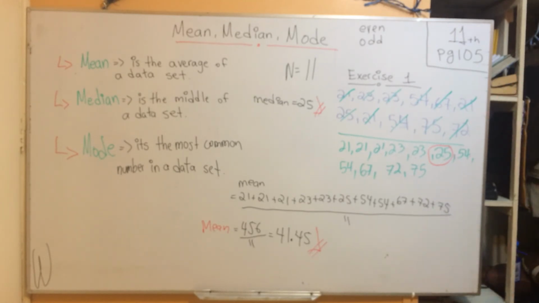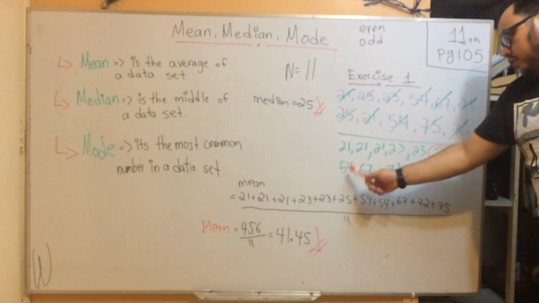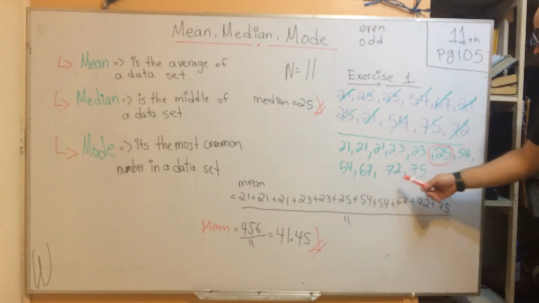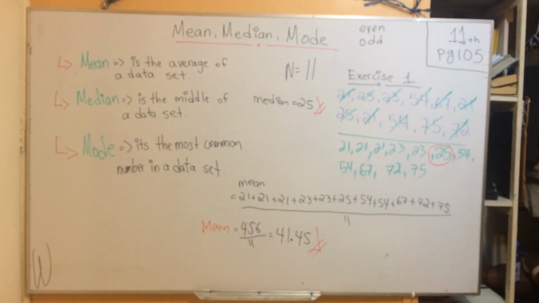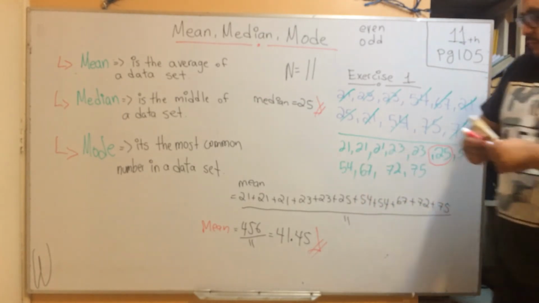In this case, looking at the numbers in order, 21 repeats itself 3 times, 23 2 times, 54 2 times, and the other ones just repeat 1 time. So which number repeats itself the most times? 21.